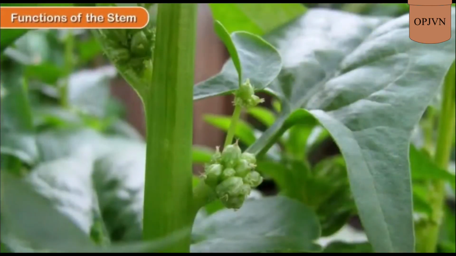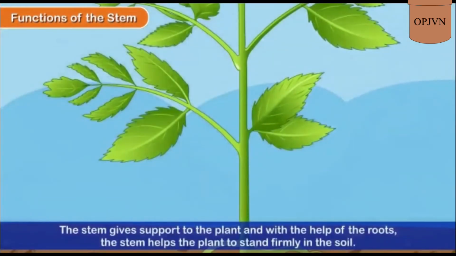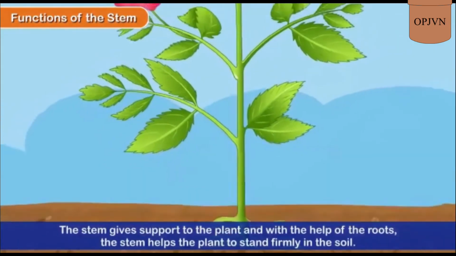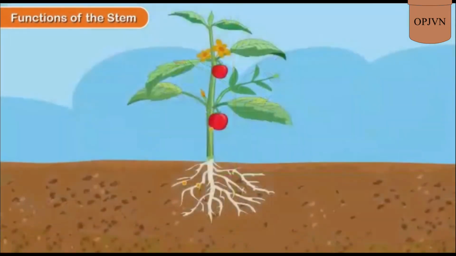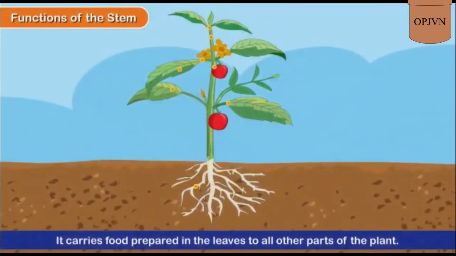Functions of the stem. The stem gives support to the plant with the help of the roots. The stem helps the plant to stand firmly in the soil. It carries food prepared in the leaves to all other parts of the plant.